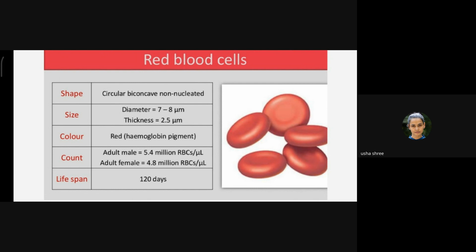And red blood cell count in male and female are a bit different. So in adult male, it is 4.5 million RBC per microliter. And in female, it is a bit lower than male, that is 4.8 million RBCs per microliter. And lifespan of RBC, you all know, I think, that is 120 days.